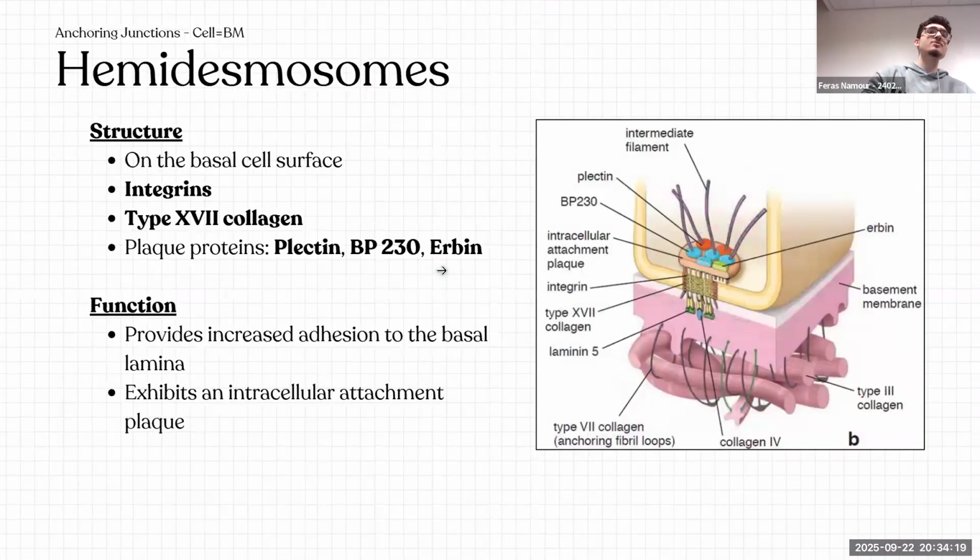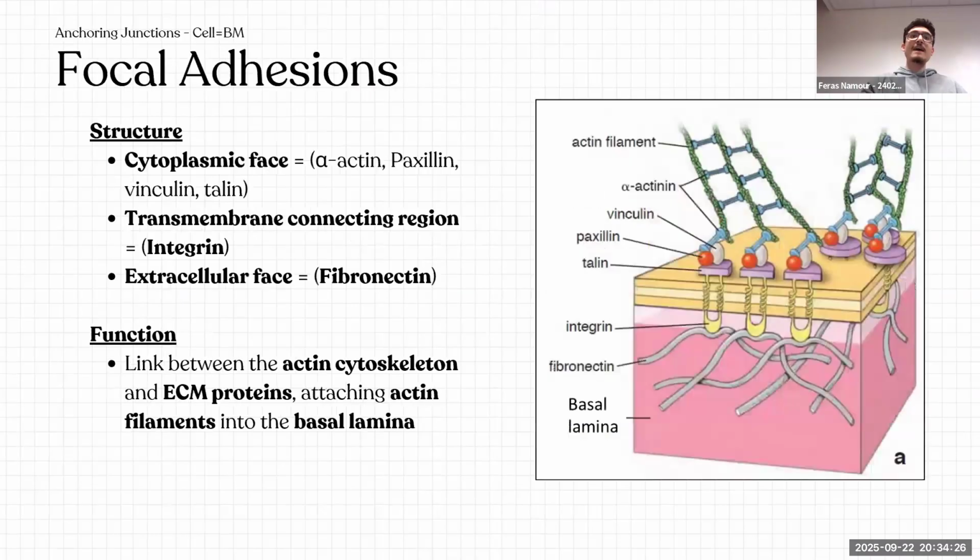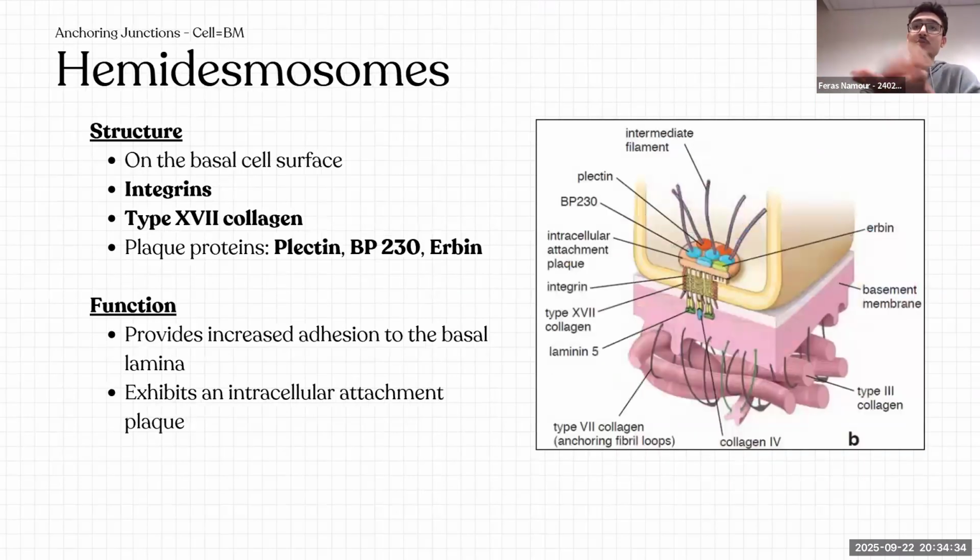So someone was asking about hemidesmosomes and focal adhesions, if I can explain them again. Hemidesmosomes and focal adhesions both serve the same function: we want to attach my epithelial cell to my basement membrane. Hemidesmosome does it the way we discussed earlier with integrins and laminins. Remember in your basal lamina, the laminin layer?